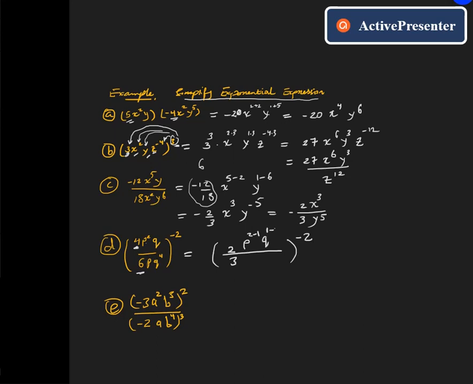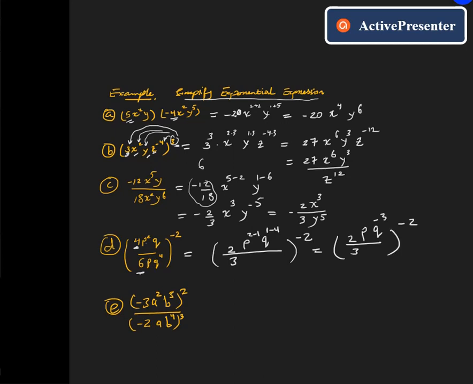1 minus 4. So this is eventually equal to 2 over 3 b to the power 1, of course we will leave it, q to the power minus 3 all to the power minus 2.